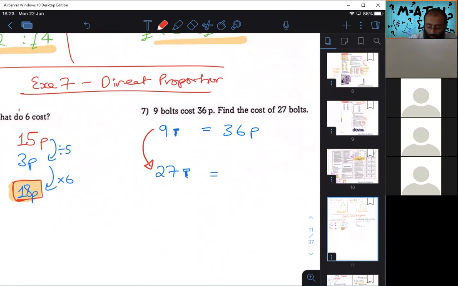Yeah. Okay, so how do we do that? Okay, the question starts here. Iman, you're on the wrong side of the question. How does 9 bolts become 27?